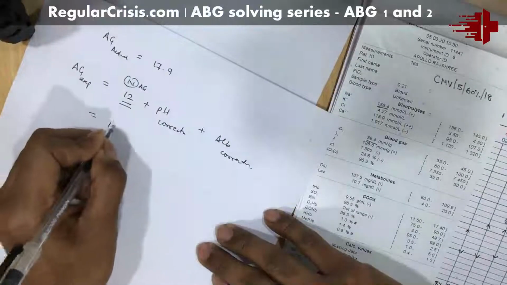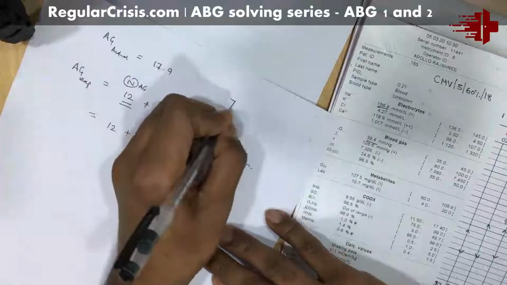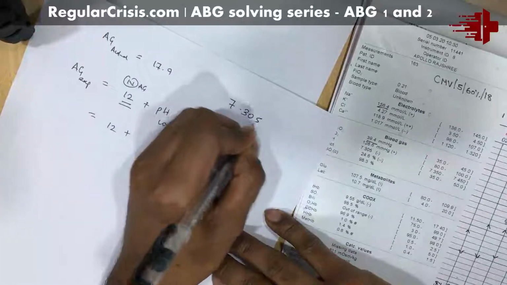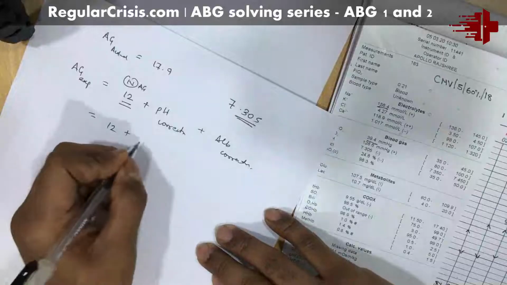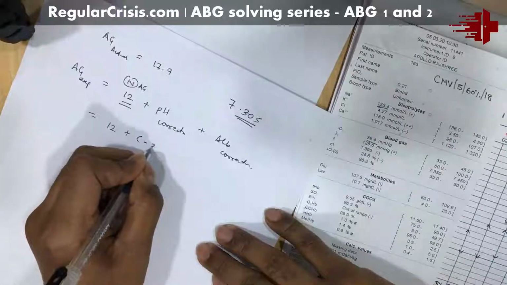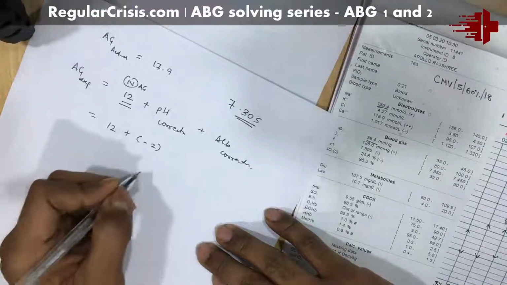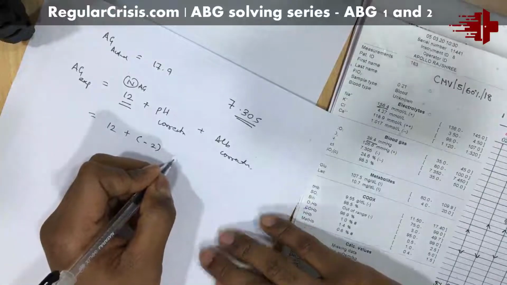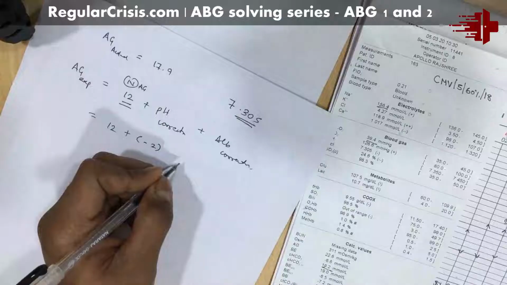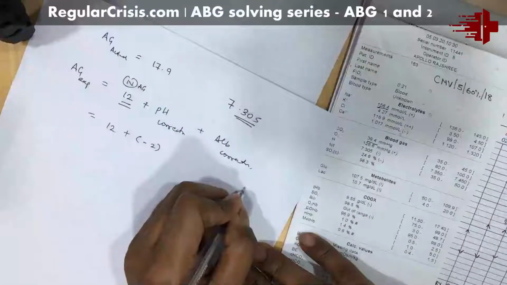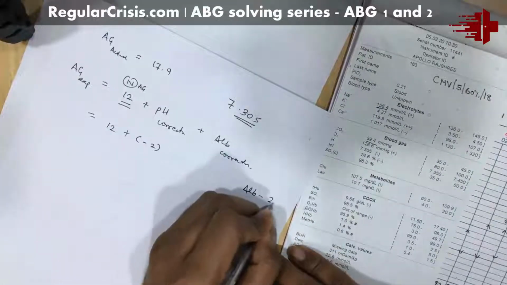So in this case, 12 plus the pH correction. The pH is 7.30. If the pH is less than 7.35, you deduct 2. If it is more than 7.45, you add 4. So in this case, minus 2. Do we have albumin levels? Yes, albumin in this patient was 2.3.